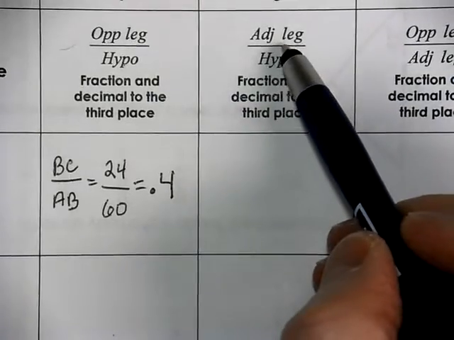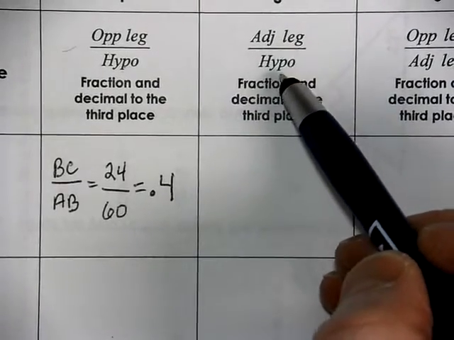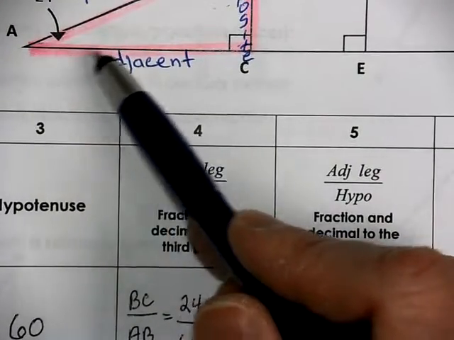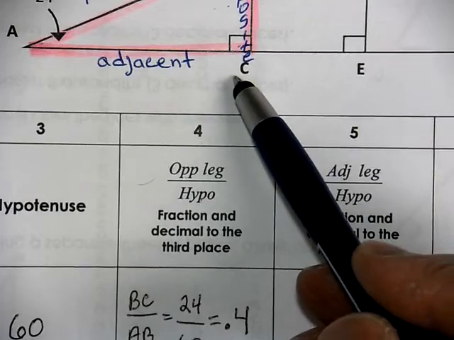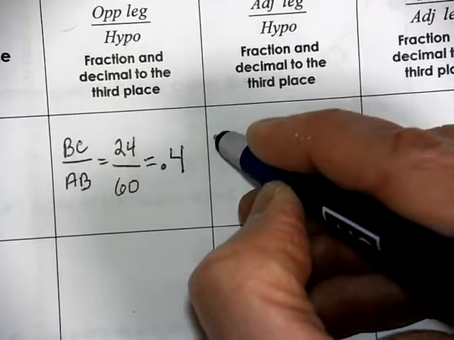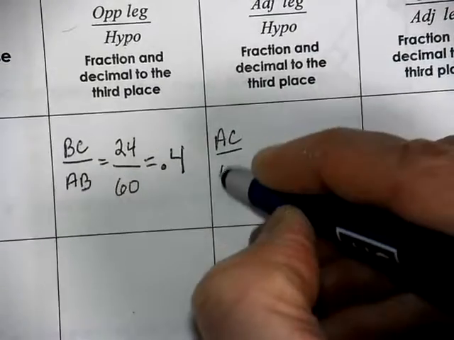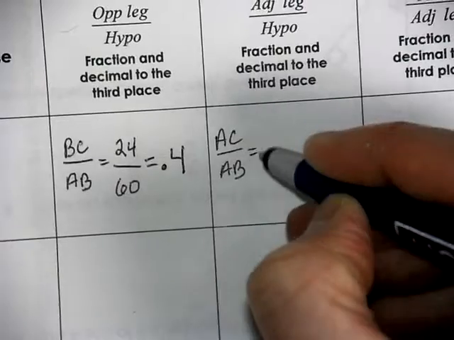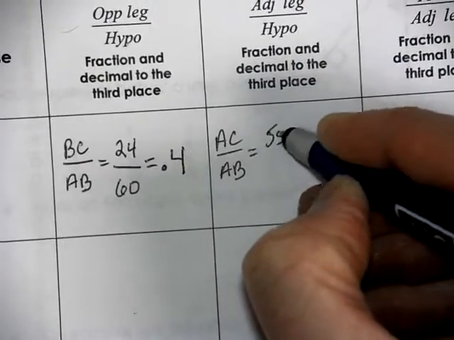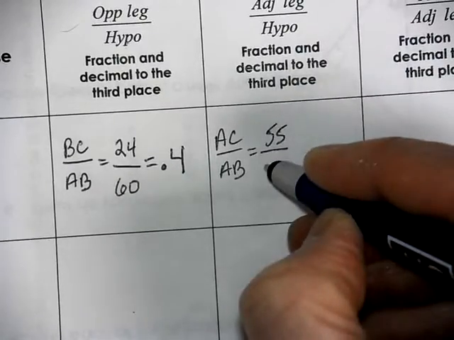Then we're going to look at the adjacent leg over the hypotenuse. The adjacent side was the AC, and the hypotenuse is the AB. So we're looking at side AC compared to the AB. AC in our calculation was 55. AB was 60.